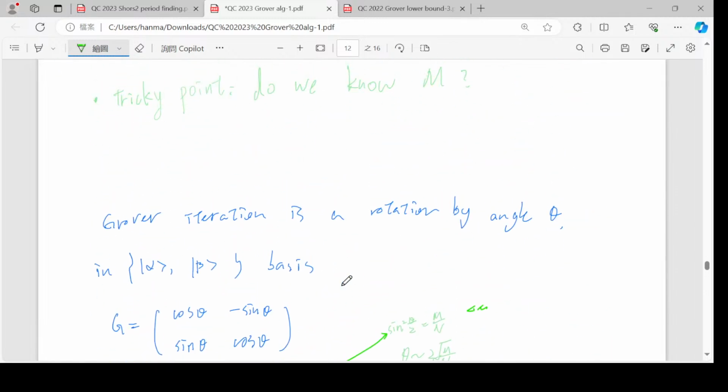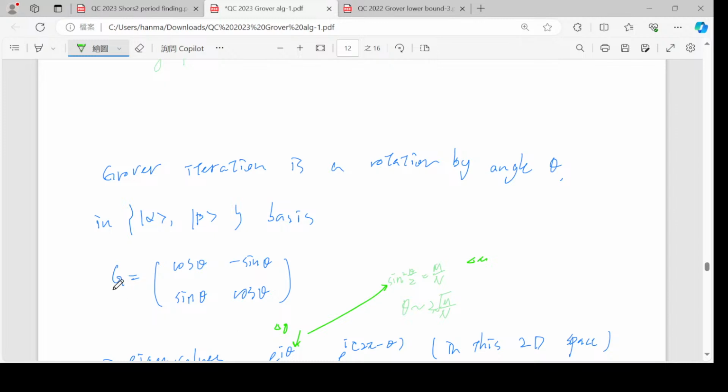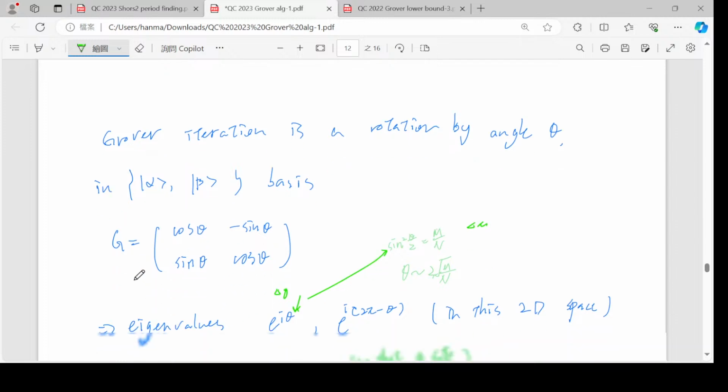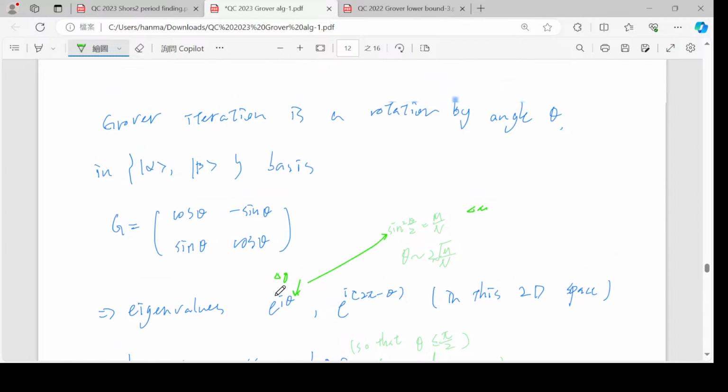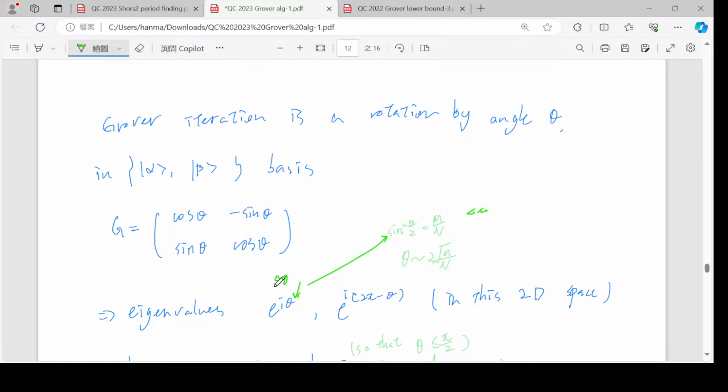So basically, Grover iteration is a rotation by angle theta. If you write it down in this alpha beta basis that we always care about, this two-dimensional space, then G will be cosine theta, minus sine theta, sine theta, cosine theta. And then you calculate the eigenvalues of this thing: e^{i theta} and e^{i(2 pi minus theta)}. So if you do phase estimation, then you can basically learn theta.